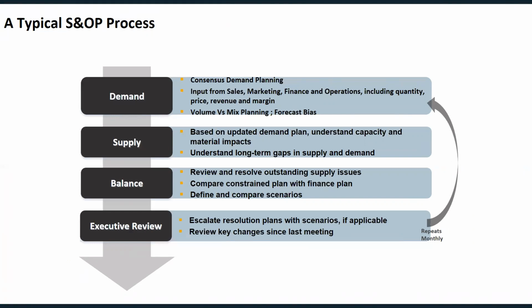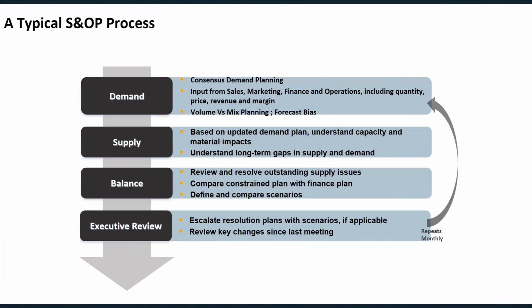All of those demand signals come together as a consensus demand, which is the one final number from the demand team which they think is important in terms of what they can sell in the market, what is the true demand of the product. This number gets percolated down to the supply team.